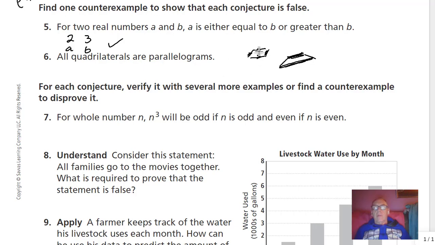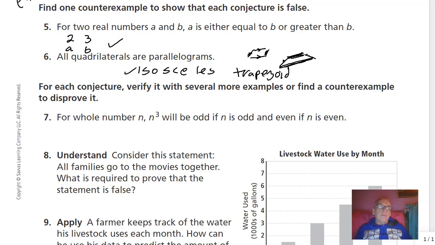In a parallelogram, opposite sides are congruent. In a trapezoid, possibly, if it's an isosceles trapezoid, the two legs are congruent, but not all sides are congruent. So an isosceles trapezoid would be a counterexample.